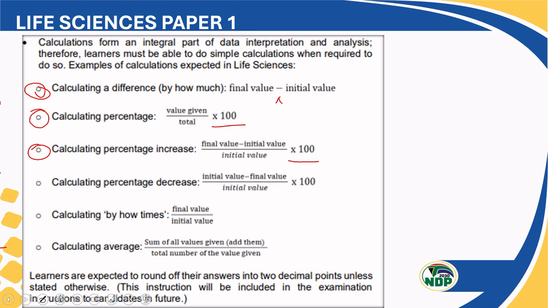In most question papers, you get 1 mark for just saying times 100, even if the value before is incorrect. So it's worth just writing times 100. Don't leave that question out of your paper. Then you also need to learn how many times greater, and also to calculate the average as well as calculate ratios. Make sure that you go over these calculations and practice them from past papers to make sure that you can do them.